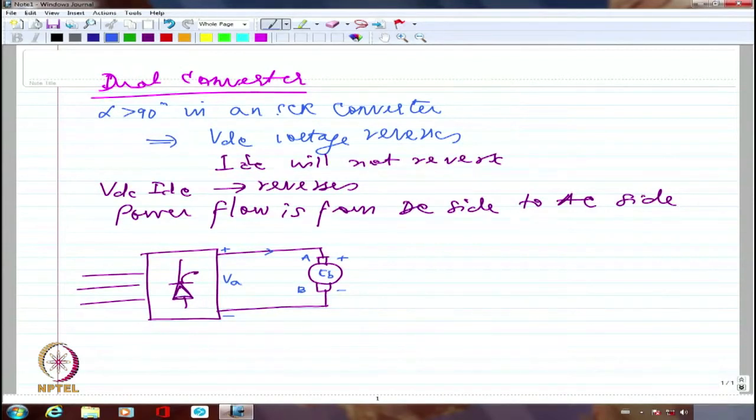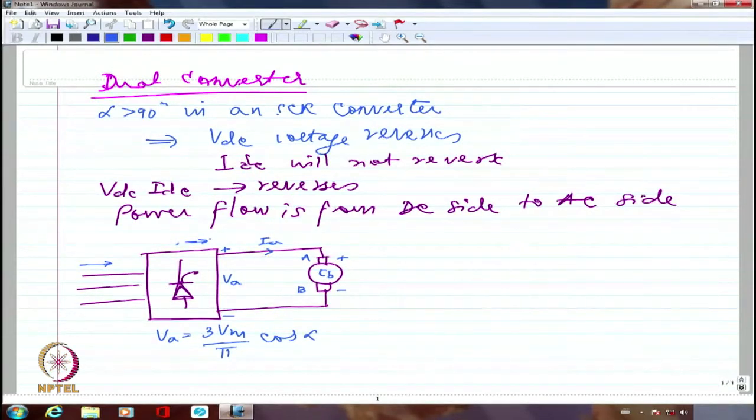So I am going to have the voltage VA equal to 3 Vm by pi cos alpha, as per what we derived earlier, if it is a fully controlled converter. So maybe this VA is 220 volts and the back EMF is 210 volts, and then I am going to have the current flowing in this particular direction, which is my IA. So the power is flowing from the AC side through the converter to the DC side, which we call the normal motoring operation, right?